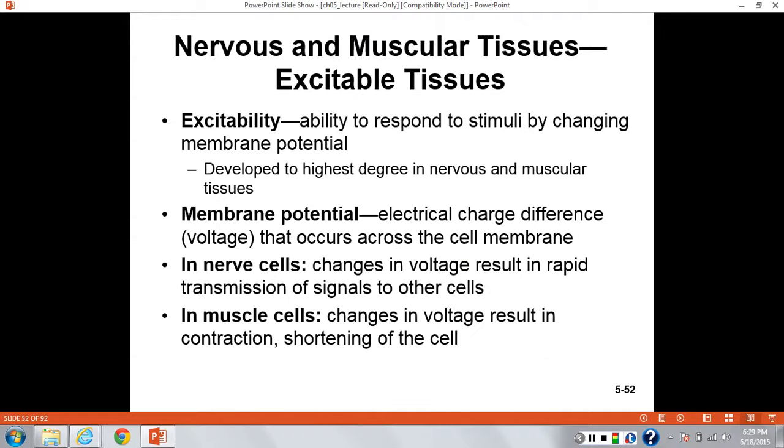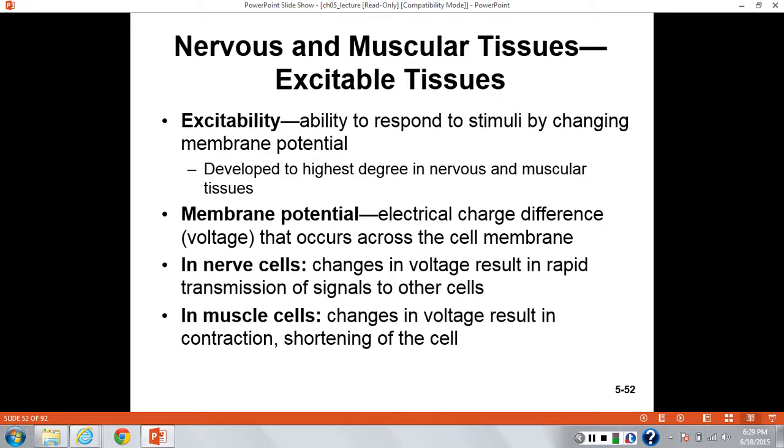Alright, when we talk about the nervous system, what's the function of the nervous system? It allows perfect communication. So we think about what? Excitability.